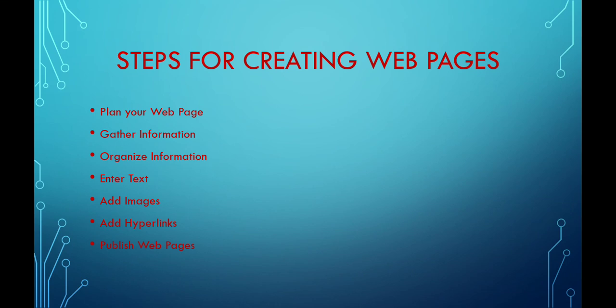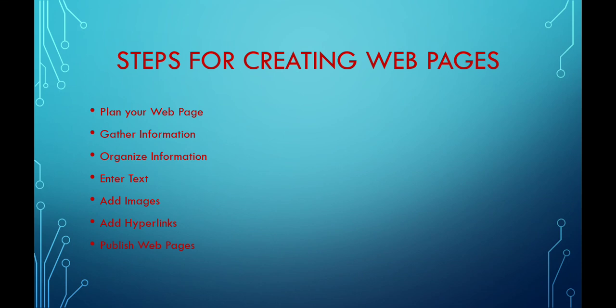When you decide the plan of your web page, gather the information related to that. Then organize the information. You have to bifurcate the information according to your web page, dividing your information separately. Then enter the text.